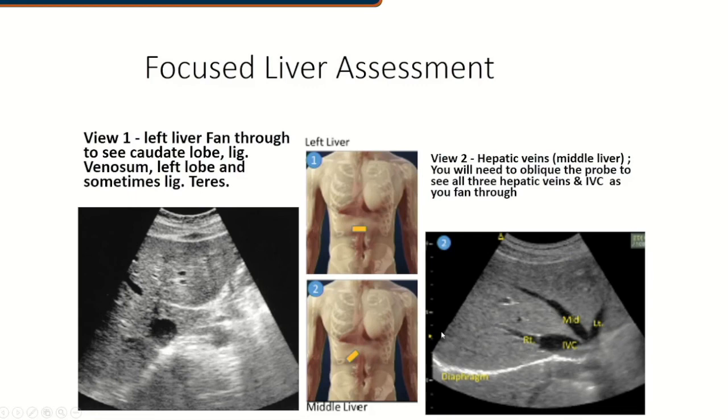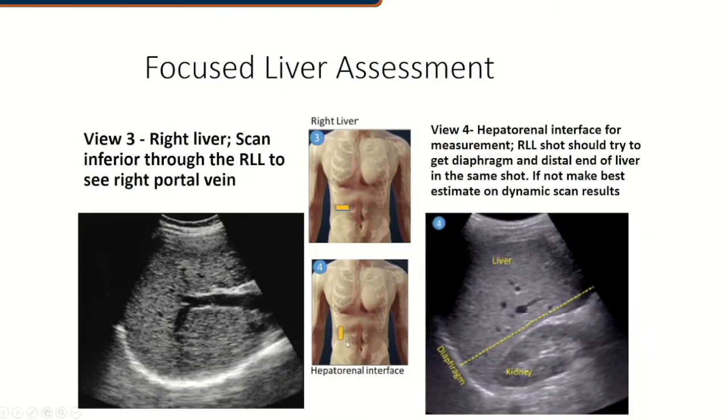Remember, to get this image, you have to oblique superiorly and to the right. Then finally, you're going to continue moving inferiorly and to the right through the liver. You're going to look at the right lobe in several locations, including this major landmark of the right portal vein, and then finally a document of the length of your liver and that measurement.